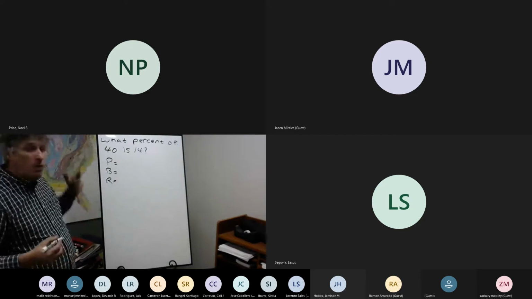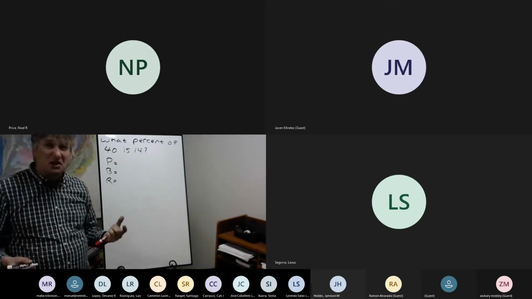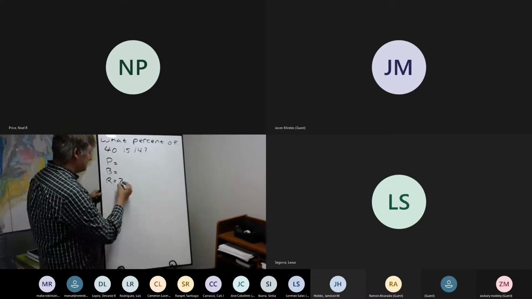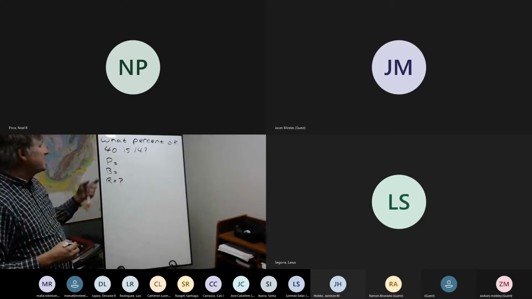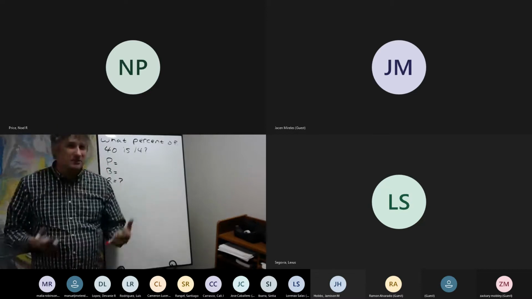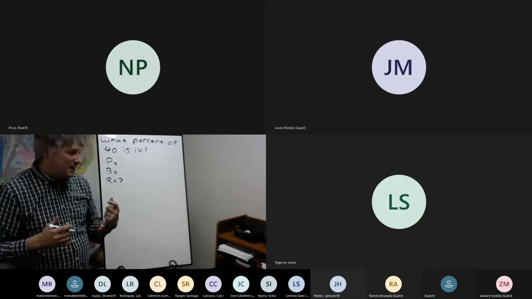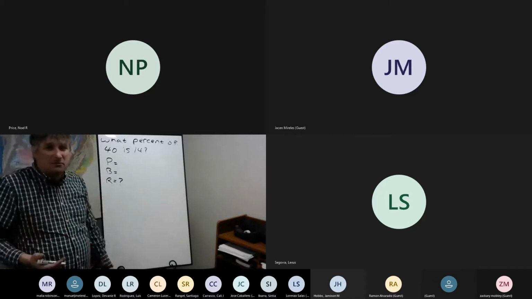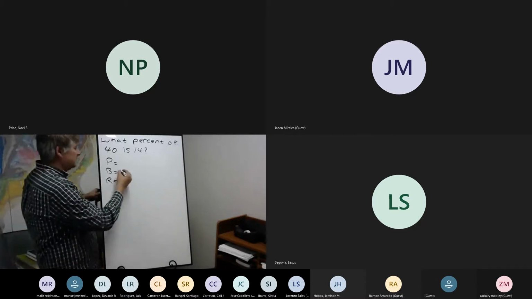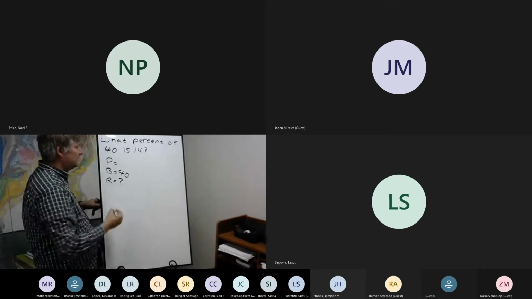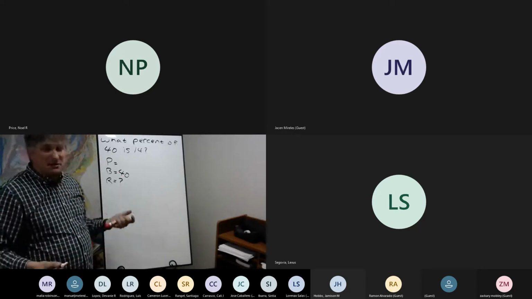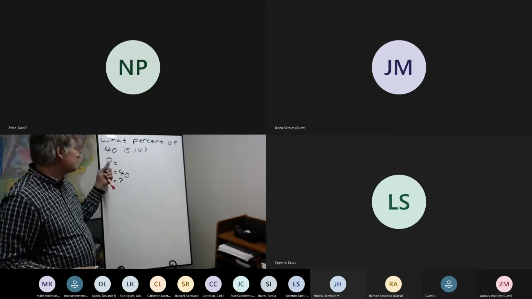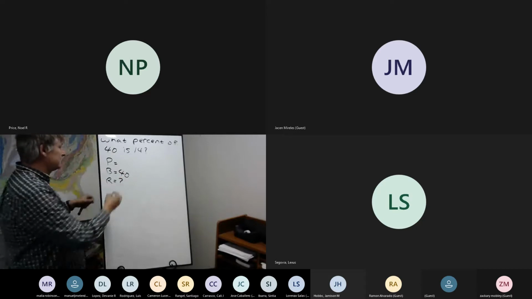Well, right away they have what percent. So that means the percent's unknown. Now you're taking, again, a percent of 40. You're taking a chunk out of it. And that means you're starting with 40. So that means the base is going to be 40. And then basically by process of elimination, the part's going to be 14.